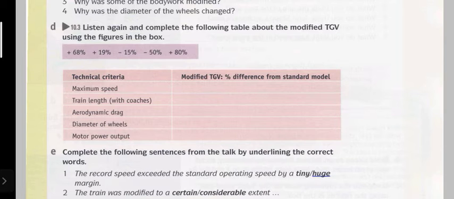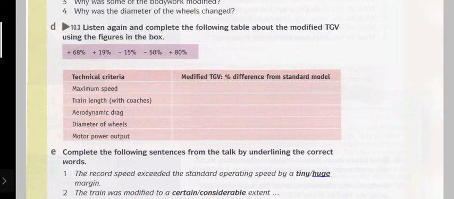The only differences were that some of the seats had been removed to make way for all of the monitoring equipment that was carried on board. And some changes were made to the bodywork to make it slightly more aerodynamic, which meant the drag coefficient was reduced by 15%. The wheels on the modified train were marginally bigger than the standard size.